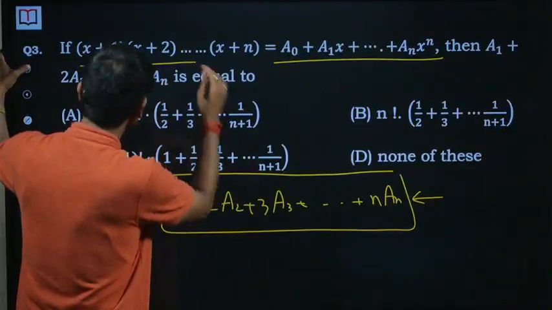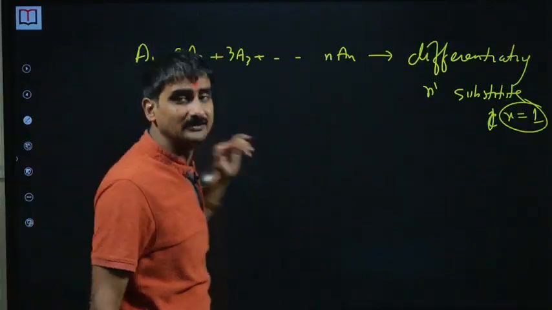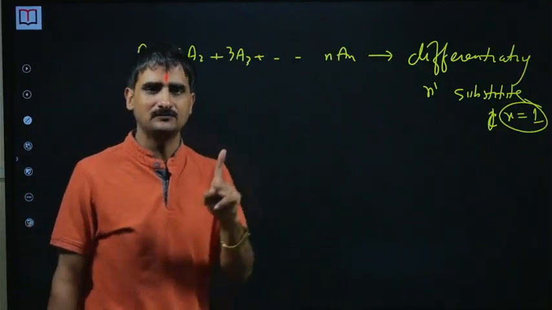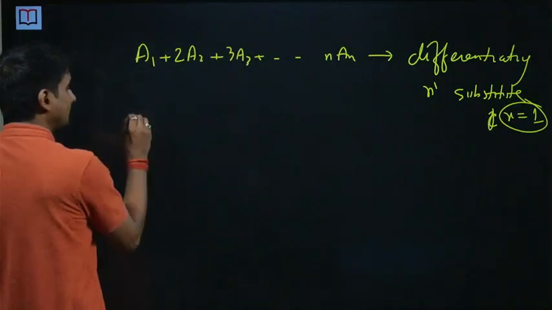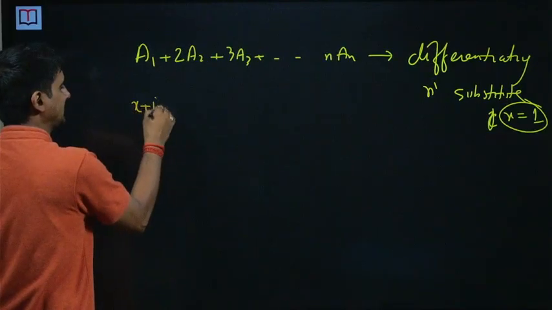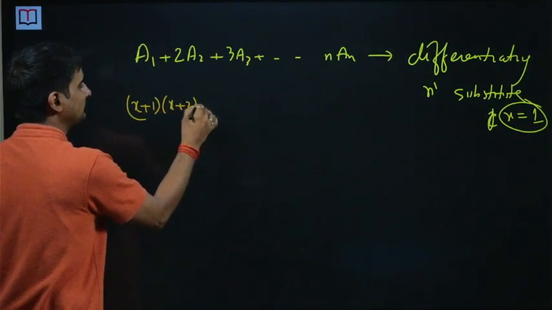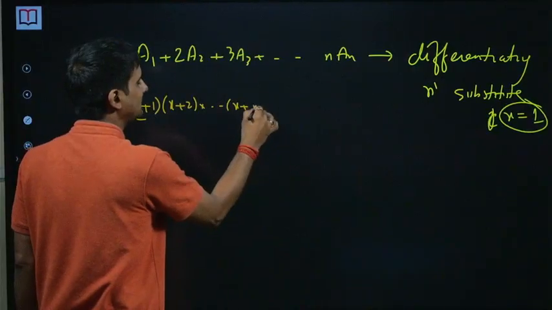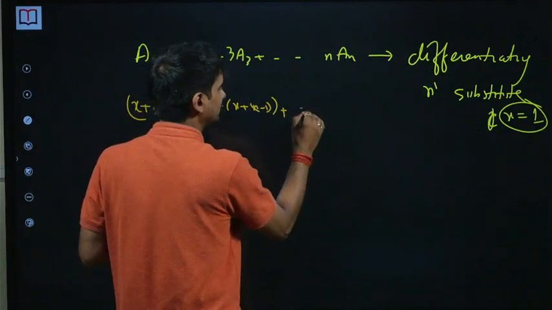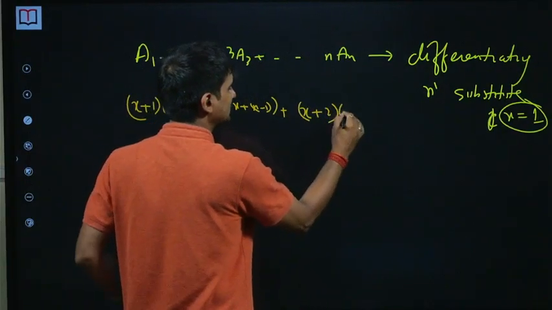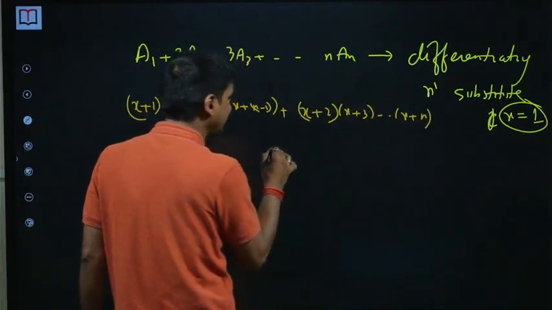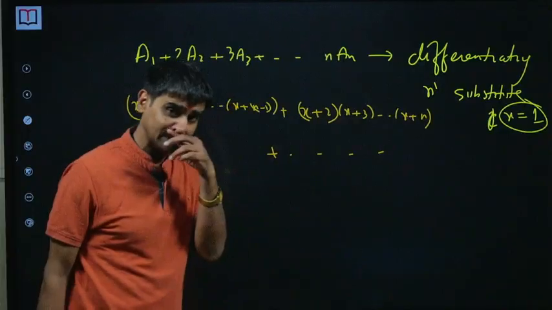When we differentiate it, of course there are n factors. The product rule says that we will be differentiating only one term at a time. So we will have n terms. Every time we will have the combination of x plus 1, x plus 2, till x plus n minus 1. Let's say I differentiate the first term keeping the remaining terms intact. Then similarly, and so on.